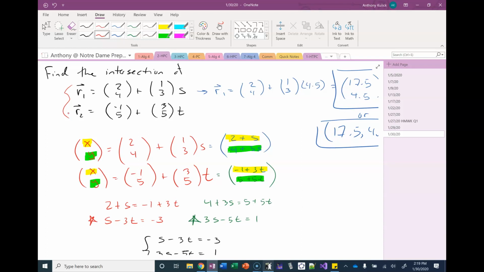I took the two y equations and stuck them together. Got the parameters on one side and the constants on the other to create a system of two equations. And I solved that system with my calculator to get a value for either parameter. Really, you only need a value for one of the two parameters, right? And then I plugged that parameter value back into the corresponding vector equation to get the point.